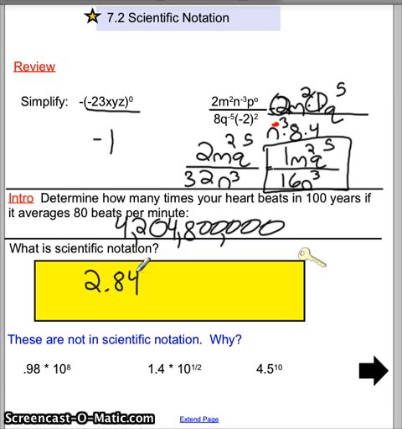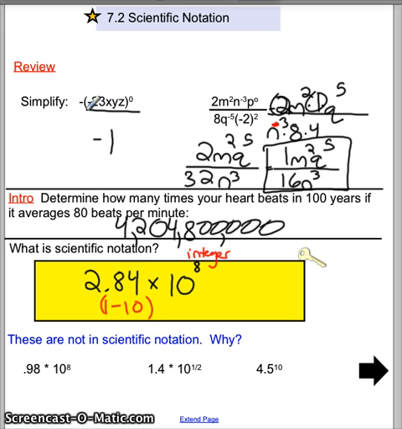So you have a number multiplied by 10 to some whole number exponent, some integer exponent. So that is scientific notation. So it's always a number between 1 and 10 times 10 to some integer. Right? That is scientific notation.